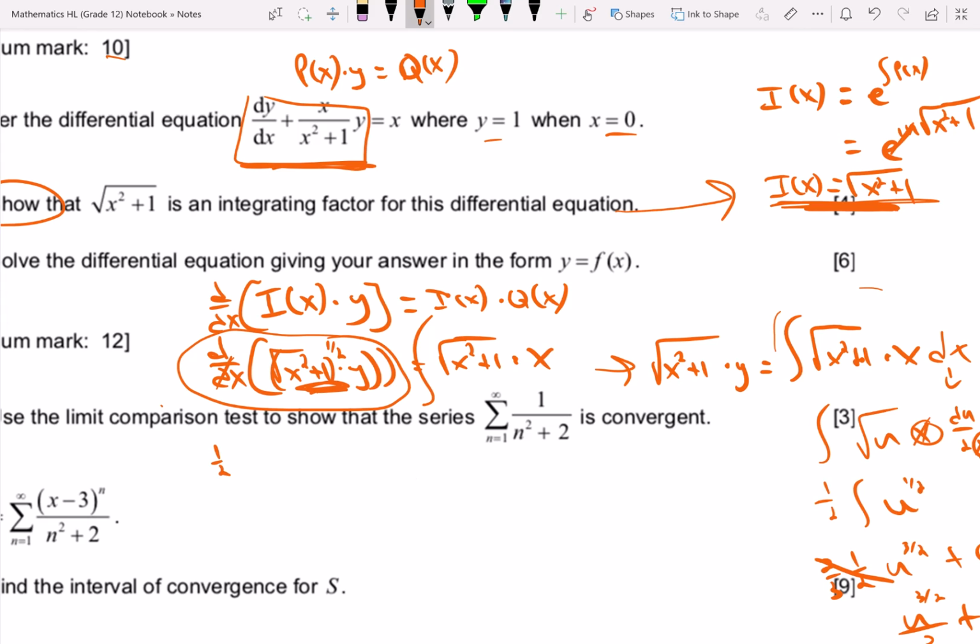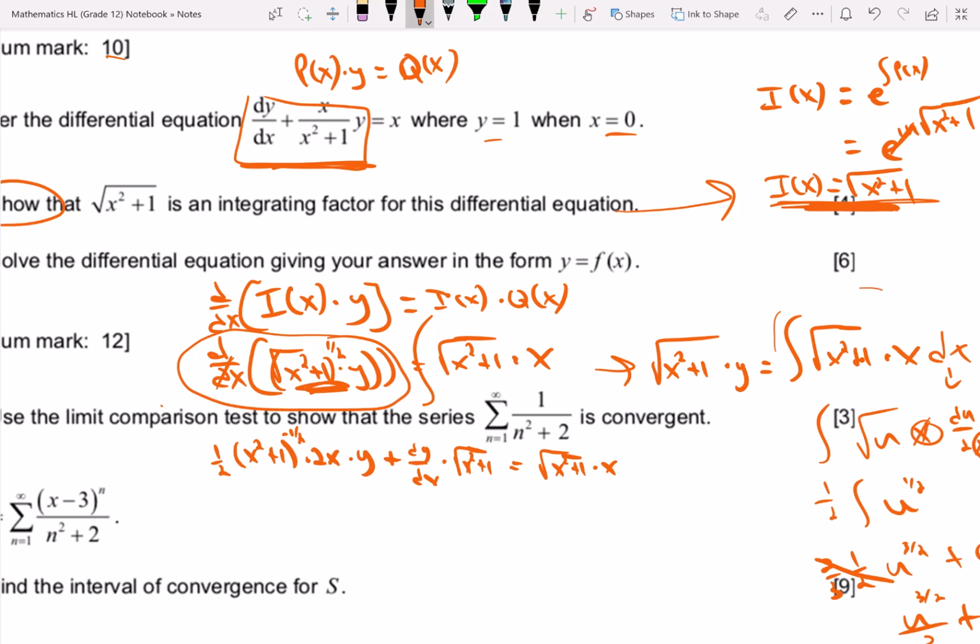So it's going to be 1/2 times x squared plus 1 to the negative 1/2 times 2x, and that'll be times y. And then we're going to add the derivative of y, which is dy dx, times square root of x squared plus 1. And that's going to equal square root of x squared plus 1 times x.